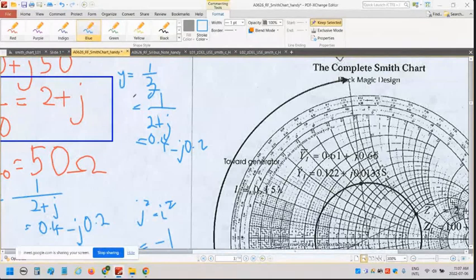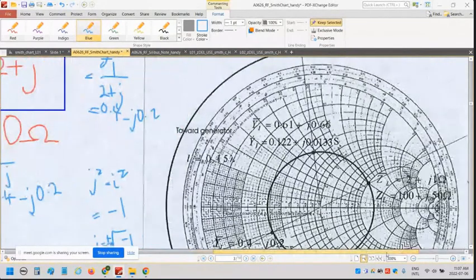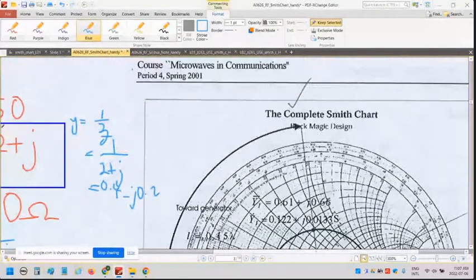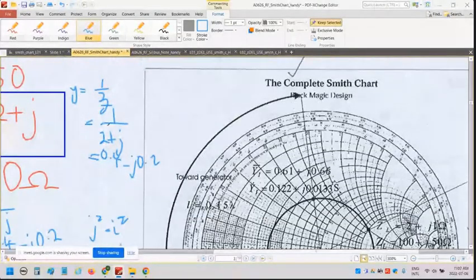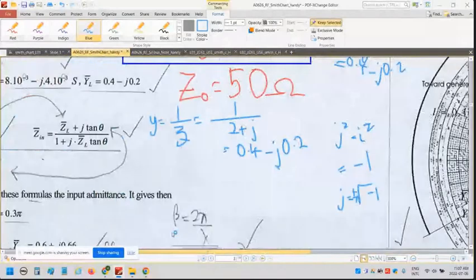After you do the normalization, 2 plus j, you get Y, which is the reciprocal, 1 over Z. So you should get 0.4 minus 0.2.